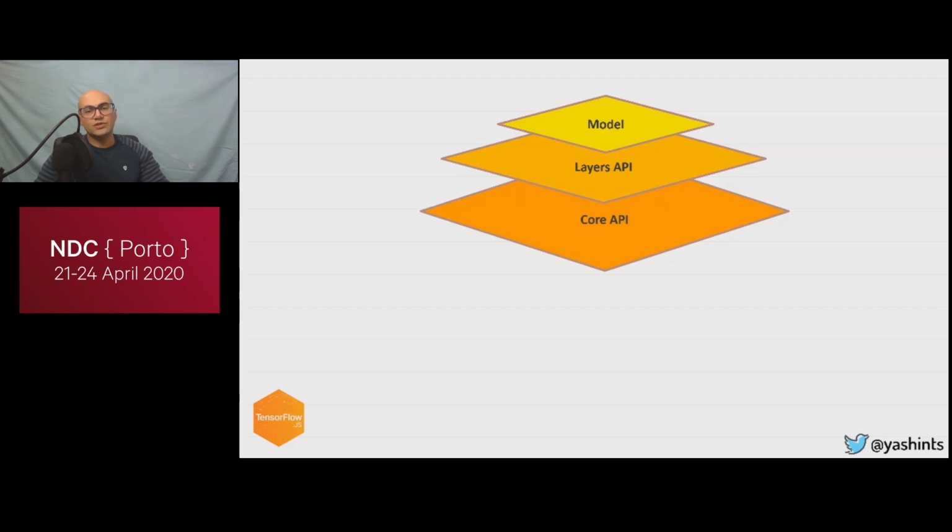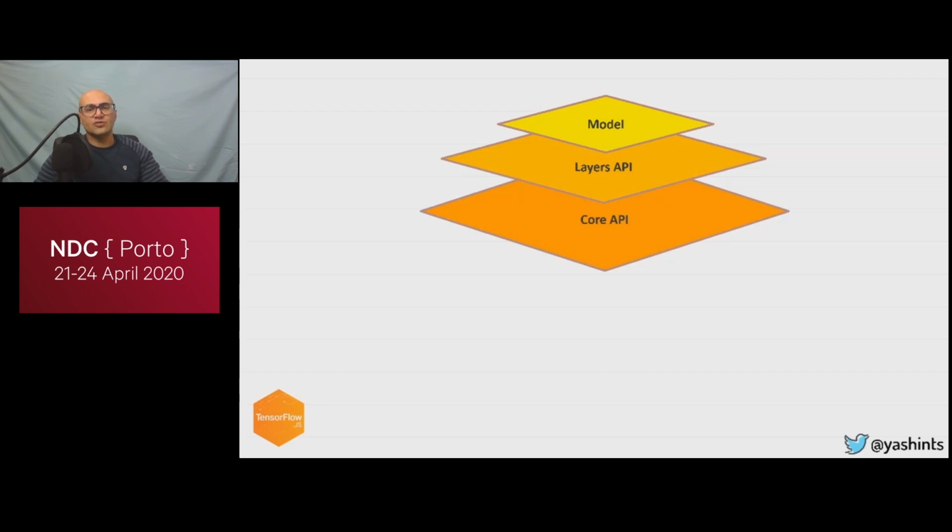The core API is only used when you're creating a model from scratch. Then there is the layers API. The layers API allows you to create the models from scratch. You could add layers, you could add different parameters, you could add other improvements.